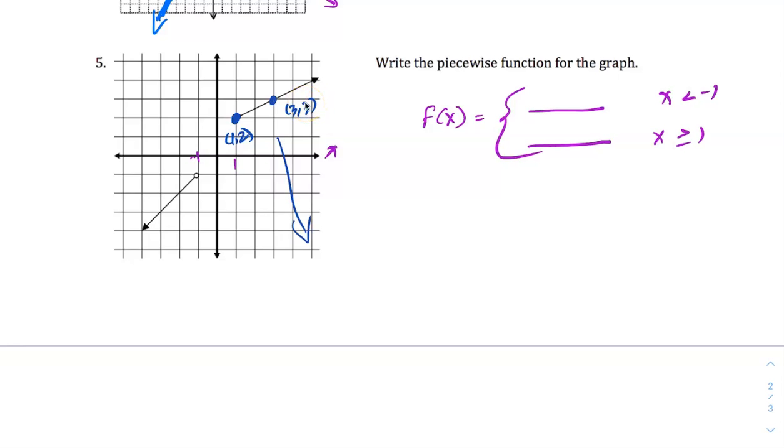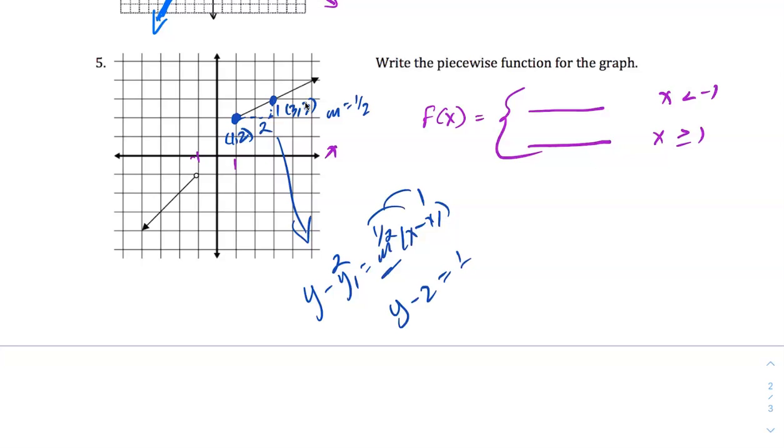How do we do it? Well, y minus y1 equals m times x minus x1. I have a point. I need my slope. So I have a graph, I can do slope by hand. Over 2 at 1. So my slope is 1/2. Like that. So if I simplify this, y minus 2 equals, oh, this kind of sucks.